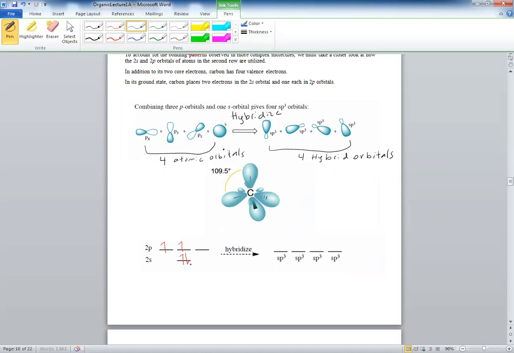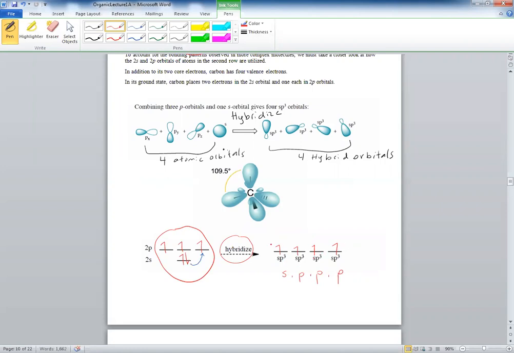So we take one of them and put that electron in its own p orbital. And then we hybridize. We mix them all together. When we mix them all together, we get 4 unpaired electrons, and we call them sp3. One s and 3 p orbitals. That's why it's called sp3.